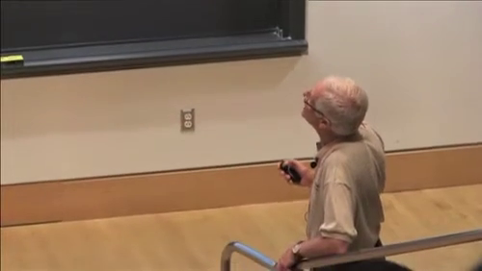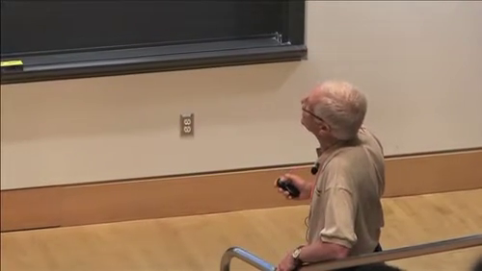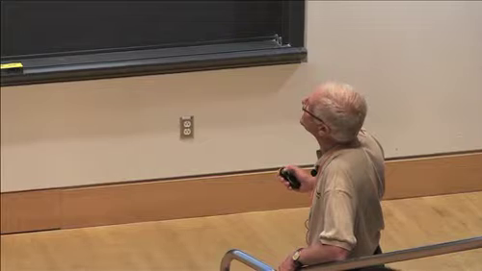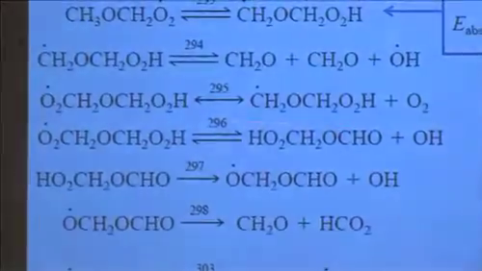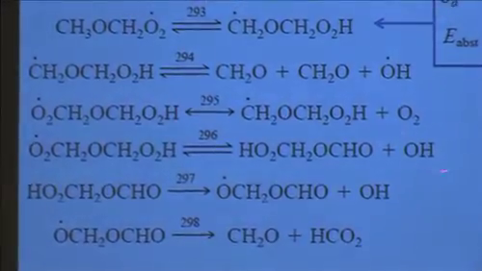And so then this hydroperoxy radical here can dissociate to form OH. So this, as we said yesterday, is the propagation step. It can react with O2 to form this species here, which in turn can form a stable molecule and OH.